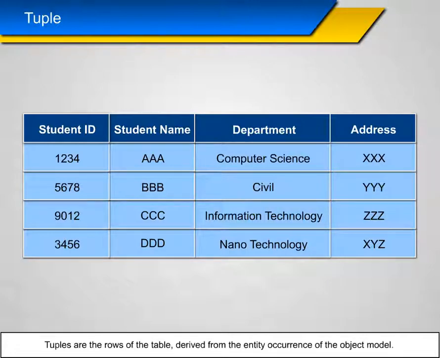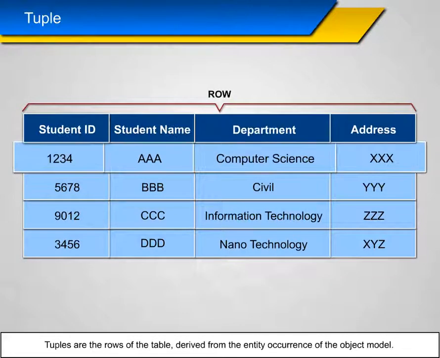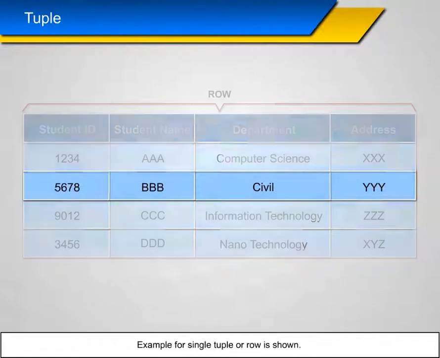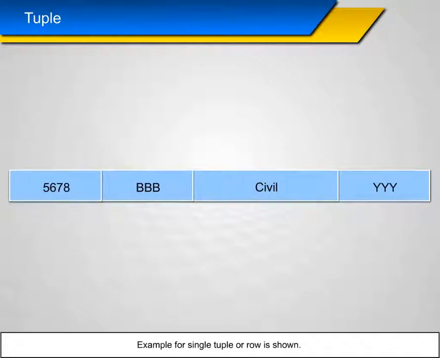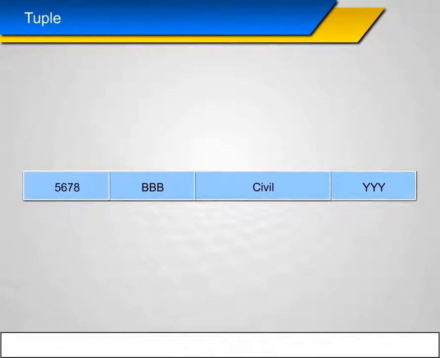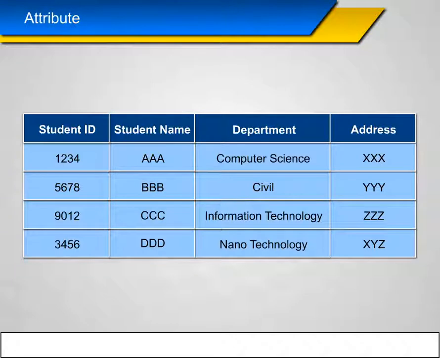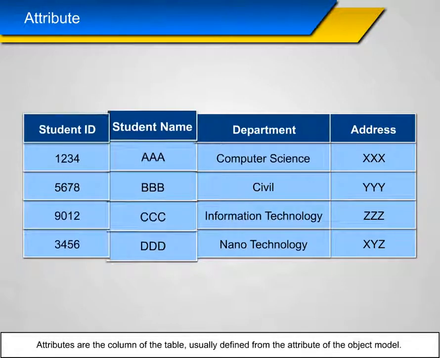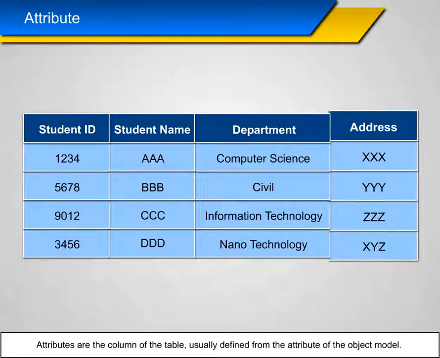Tuple. Tuples are the rows of the table derived from the entity occurrence of the object model. Example for a single tuple or row is shown. Attribute. Attributes are the columns of the table usually defined from the attributes of the object model.